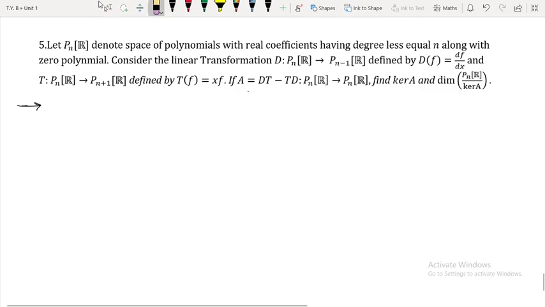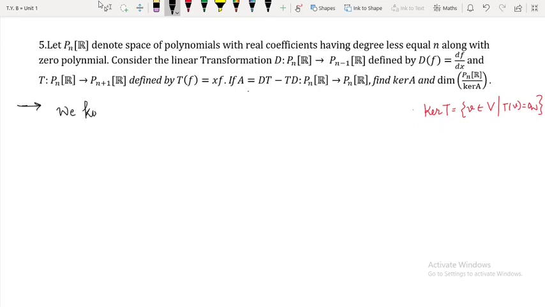If you want, I will write down the definition of kernel again over here. The kernel of T, if T is from V to W, is nothing but this.